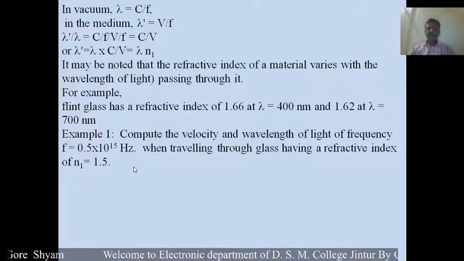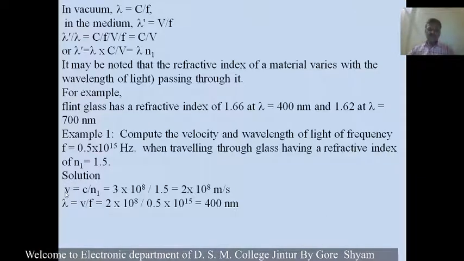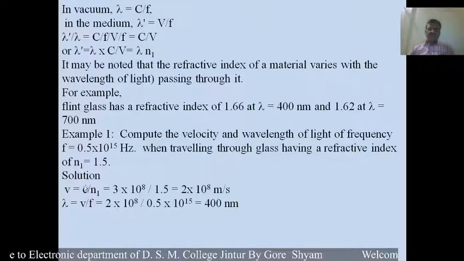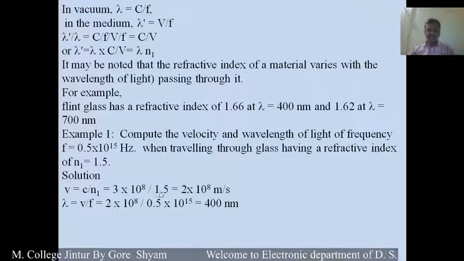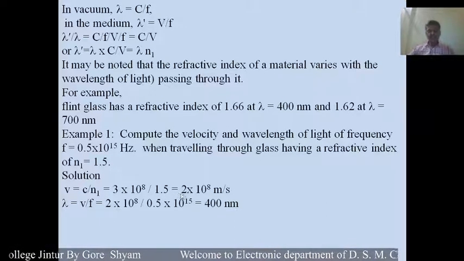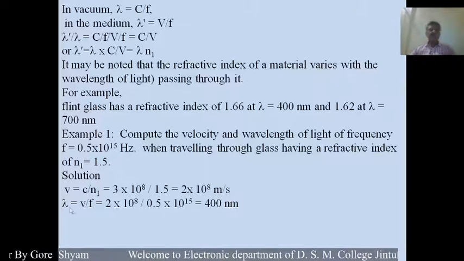We know the relation for the velocity: velocity is equal to the speed of light divided by the refractive index. So we substitute c equal to 3 × 10^8 divided by n1, where n1 is the refractive index equal to 1.5, and this is equal to 2 × 10^8 meters per second.